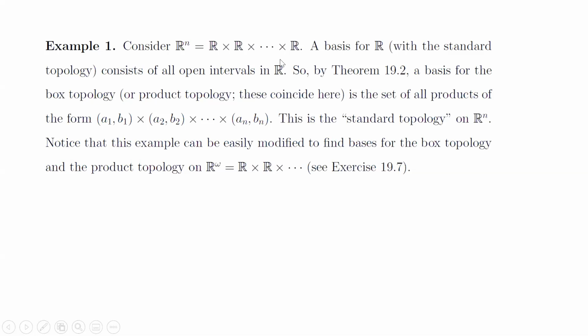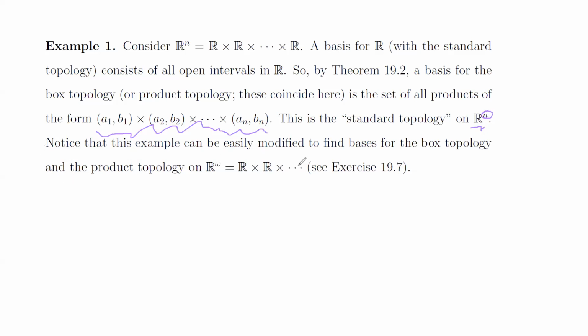So the basis for R, the standard topology, consists of all open intervals in R. So by theorem 19.2, a basis for the box topology and the product topology is the set of all products of the form: this open interval cross another open interval. So this is the standard topology on R^n. And because this is R^n, it's finite, not infinite, so the box topology and the product topology are the same.